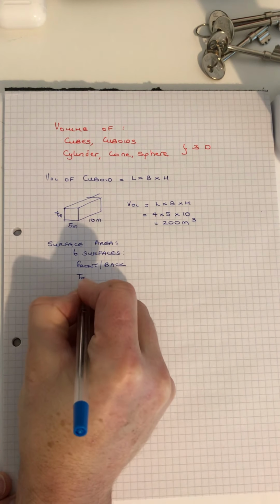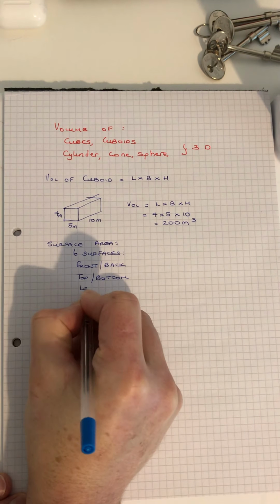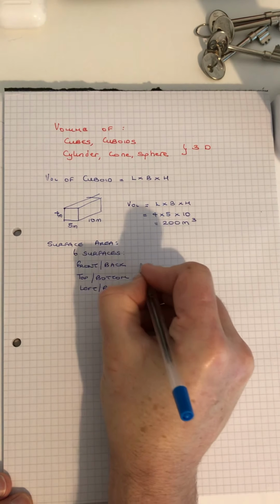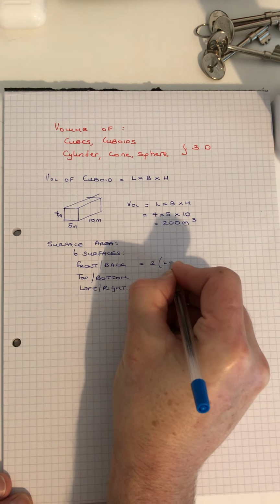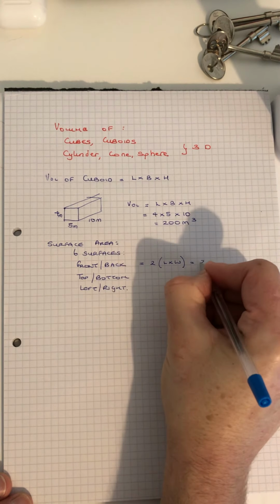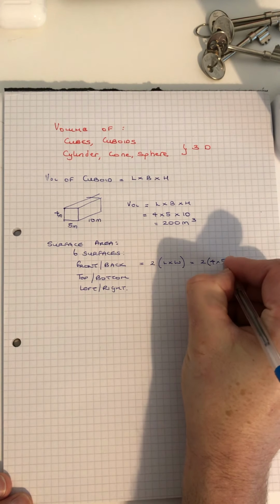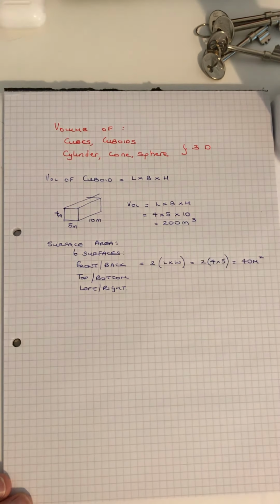There's the top and the bottom. And there's the left and the right, as you would look at the picture. So the front and the back, that's 2 times the length by the width. So 2 times the front and the back is 4 times 5. So 2 times 20 is 40 meters squared.